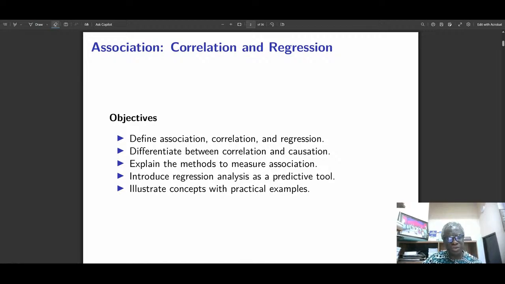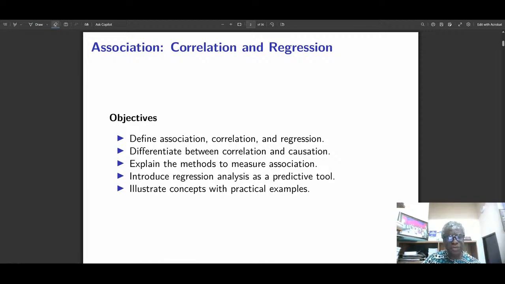We are also going to be able to understand the strength of relationships, when the relationship is weak, when the relationship is strong, when there is no relationship at all. We will be able to quantify the relationship, and then we'll also be able to predict outcomes.